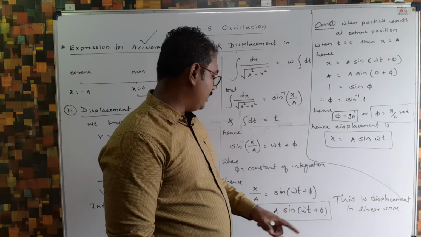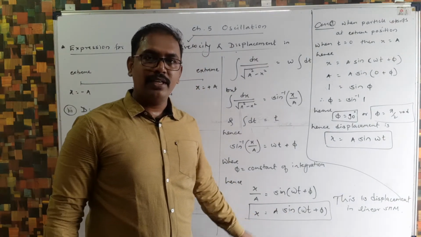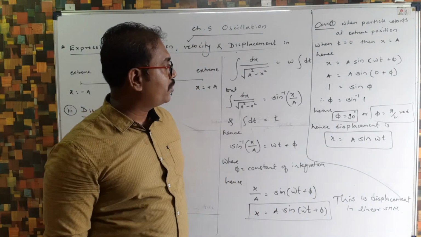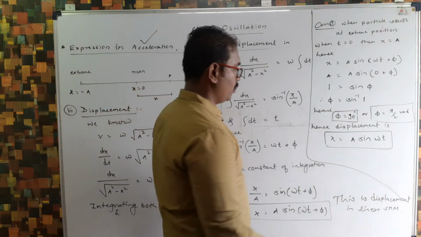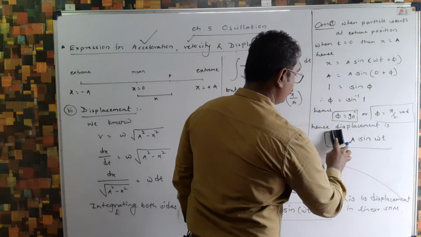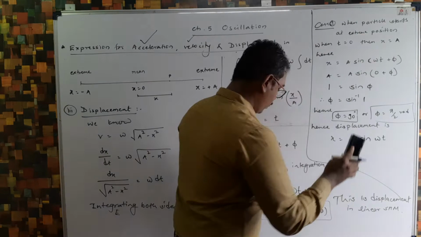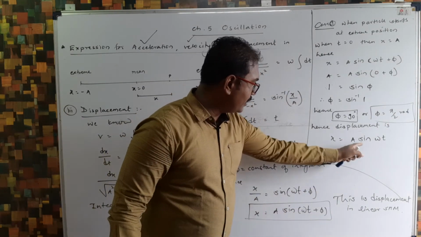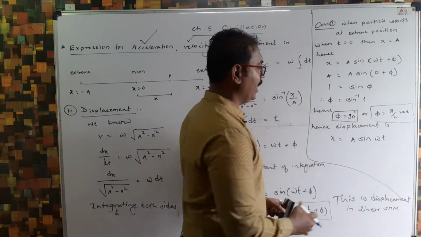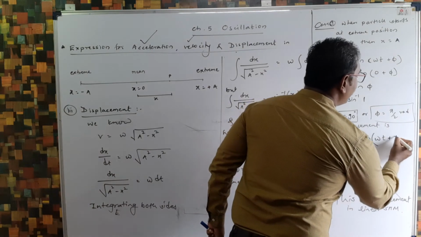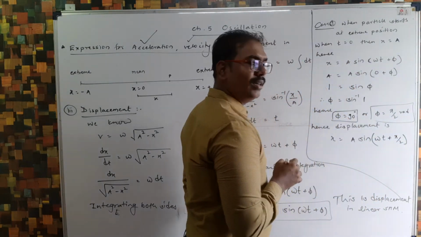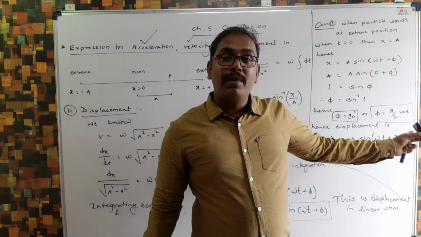Hence displacement is, in this expression of the displacement, we have to substitute phi is 90. So we get here x is equal to this a as it is, sine as it is, omega t as it is. Instead of phi I write 90 or pi by 2. Anything you can write. Sine of omega t plus pi by 2.